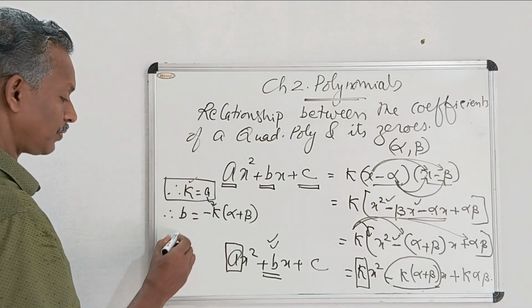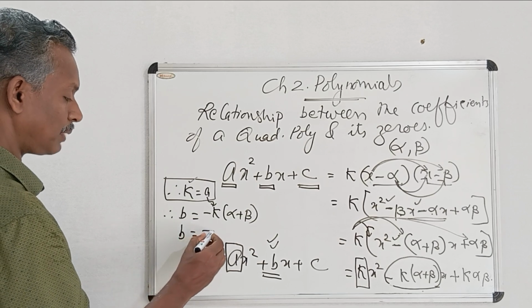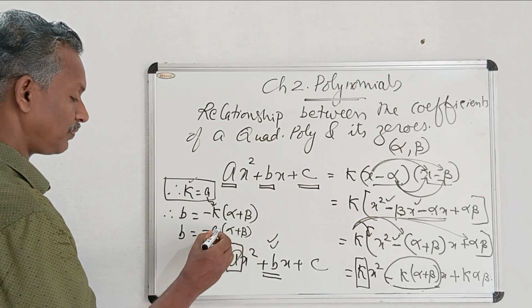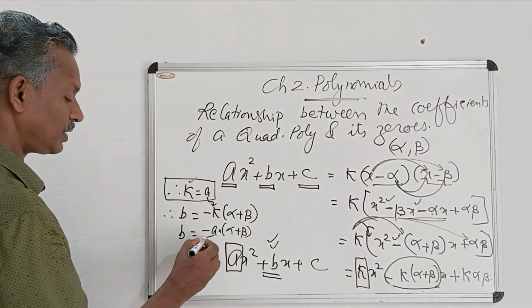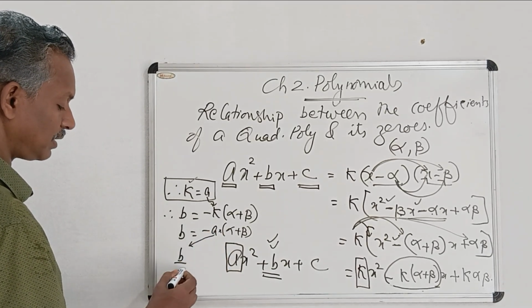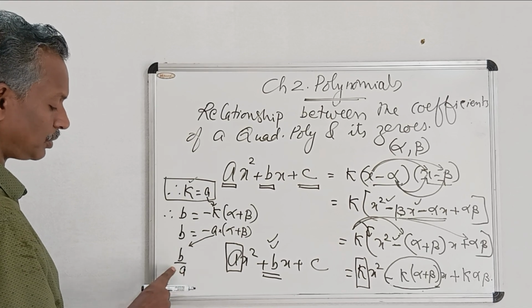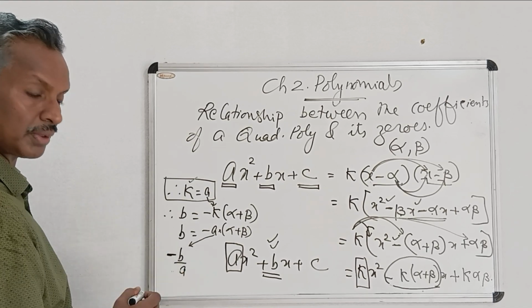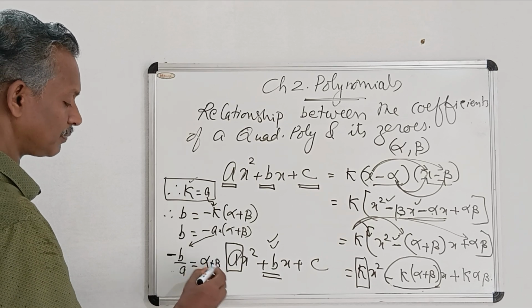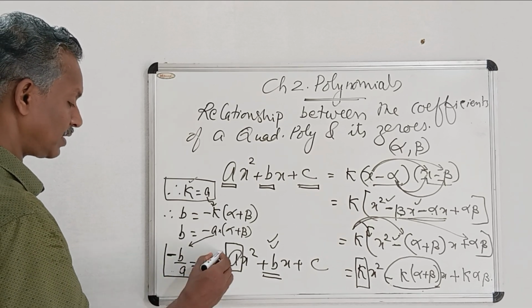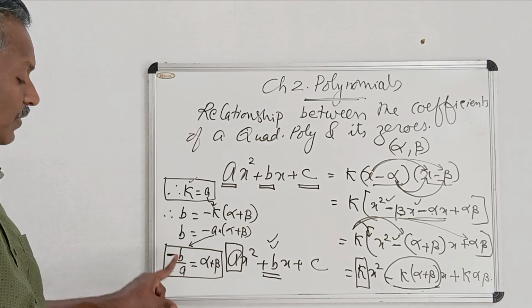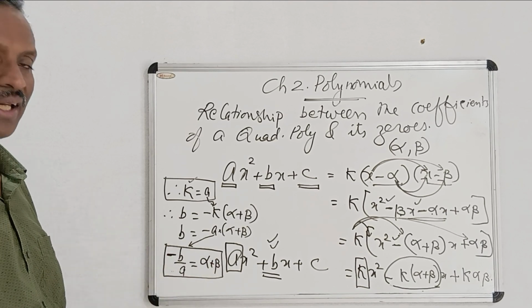So b is equal to minus a into alpha plus beta. If you shift this minus a to the other side, b upon minus a, this minus you can put in the numerator, minus b by a is equal to alpha plus beta. This is one relationship between the zeros. The sum of zeros is equal to minus b by a.